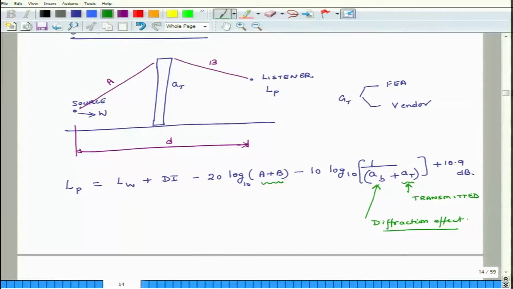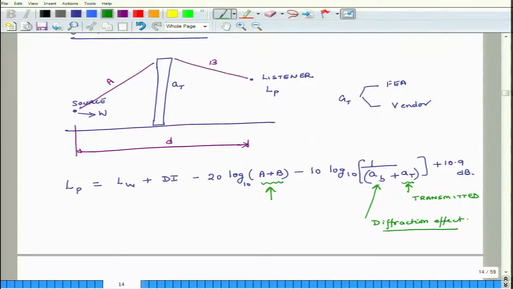So, once again, if AB is large, then it is not a good thing. We want AB to be as small as possible. And of course, A plus B tells us how far the listening point is relative to the top of the barrier.